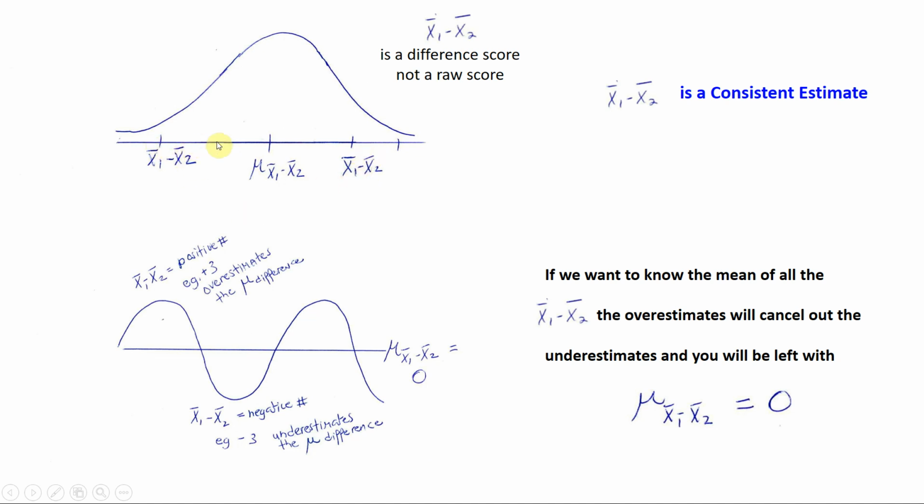So again, this becomes 0 here because it's based on the assumption that mu 1 and mu 2 are identical. So x bar 1 minus x bar 2, you should in theory get a small number, a small negative number here, and small positive numbers here.